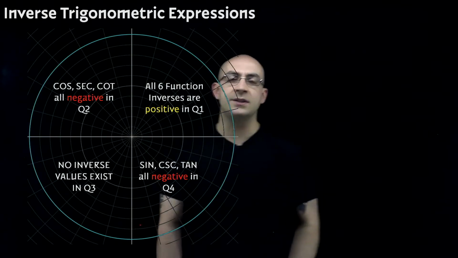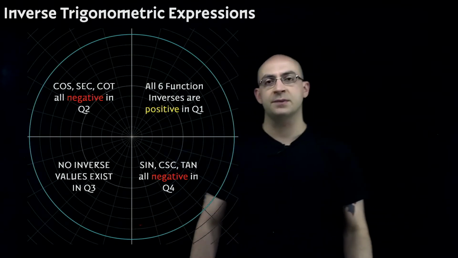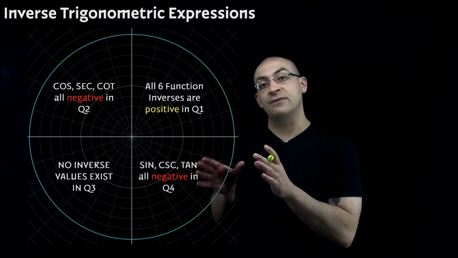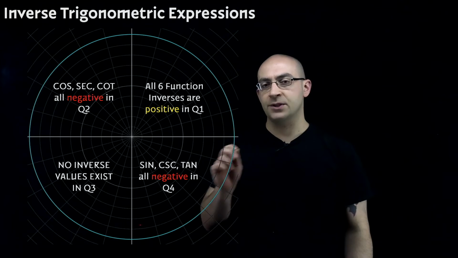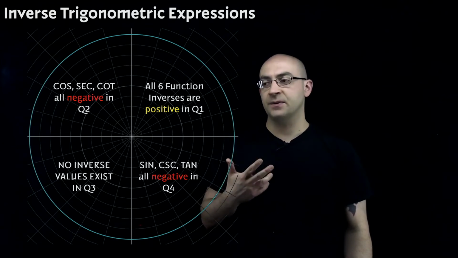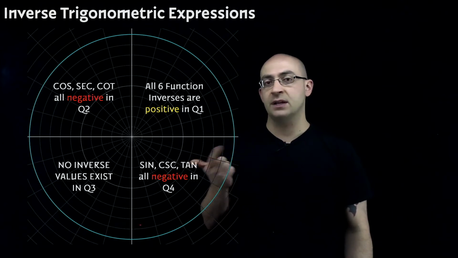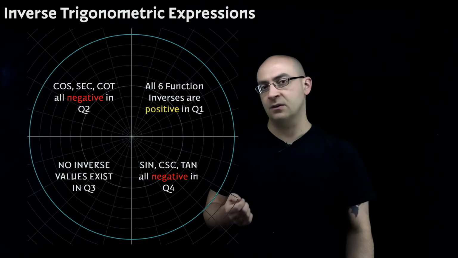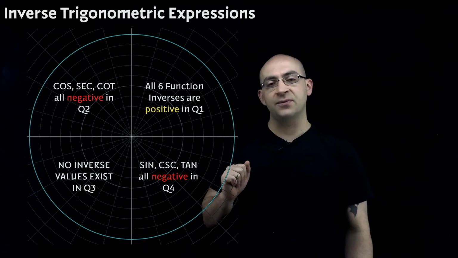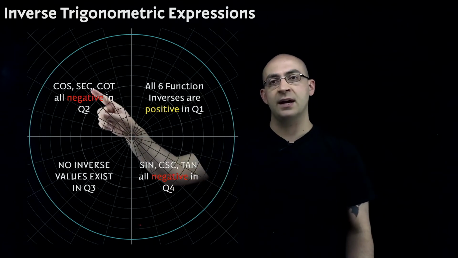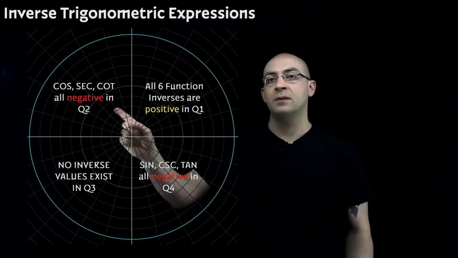So here is a wonderful graphic for you that's going to help you out with this process. Now, this is specifically for inverse functions. In quadrant 1, all 6 functions are positive. So if I ask for any positive value on cosine, sine, tangent, cotangent, secant, or cosecant, you're going to be in quadrant 1. If I ask you for a negative value on cosine, secant, or cotangent, we're going to be in quadrant 2.